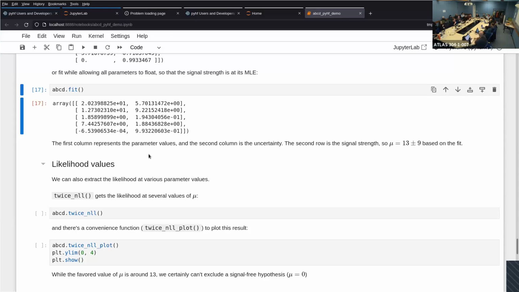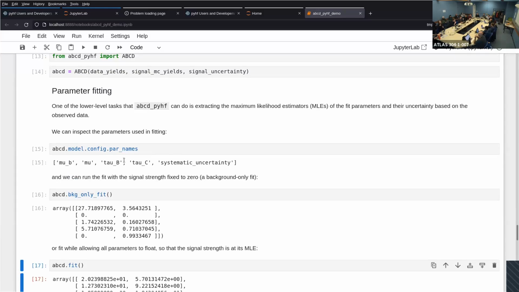No, it doesn't change the observed number of events or the number of events that fall in the different regions for signal. It's only changing these parameters here. So it's really just a fit where you're given some observed number of events and distribution of signal into those regions, and you're just fitting these parameters to that distribution.